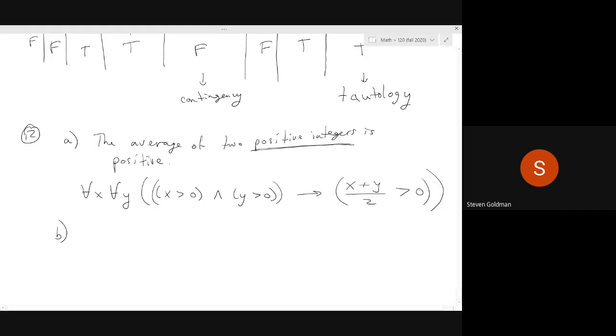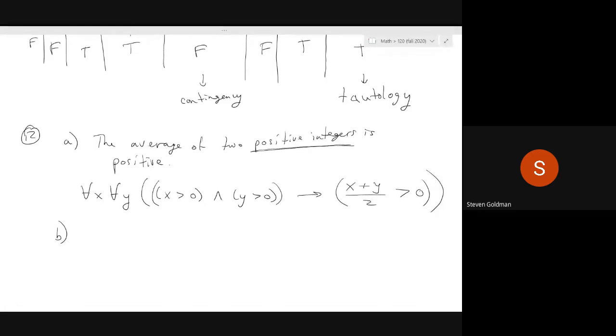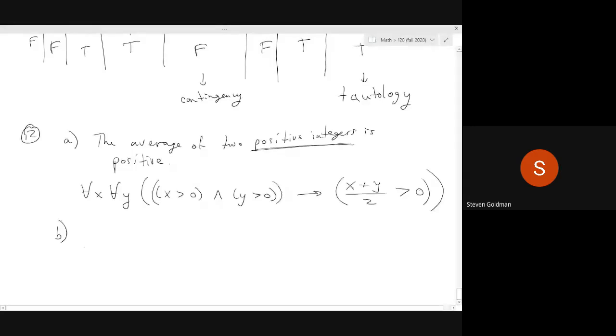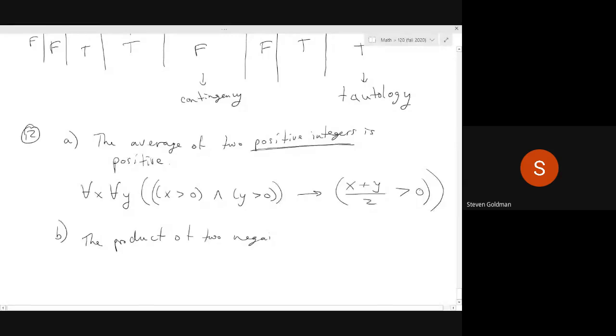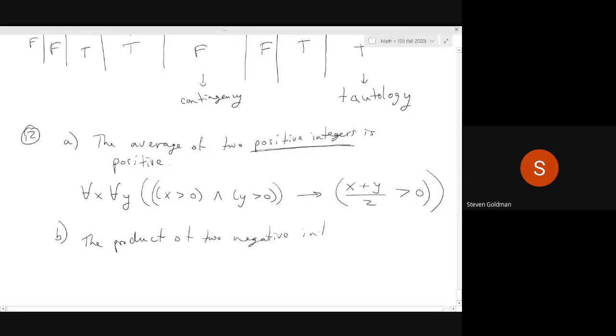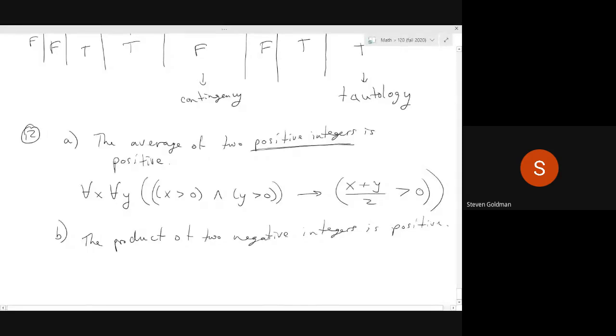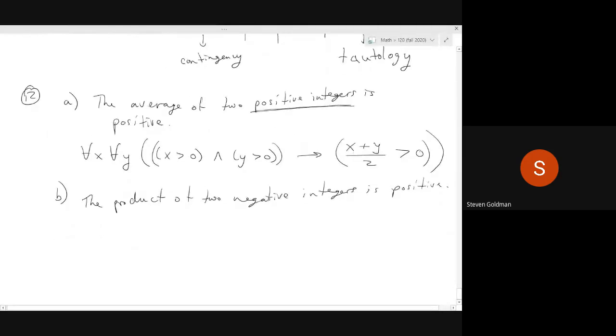Part B was the statement, the product of 2 negative integers is positive. So again, we need to restrict our domain. We're talking about all integers, and there are 2 of them, so we need 2 variables.